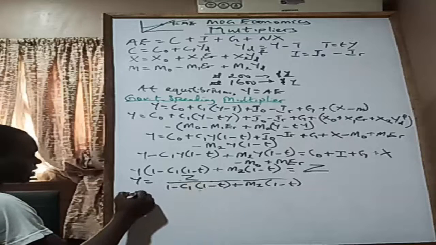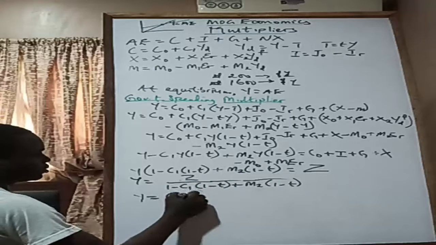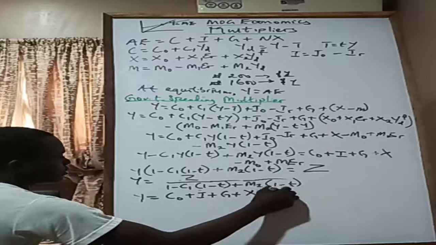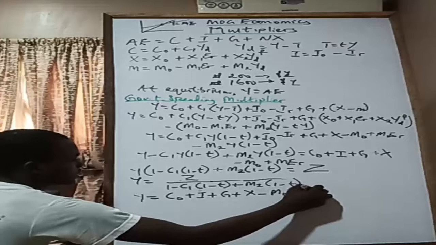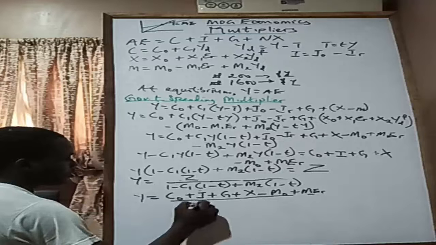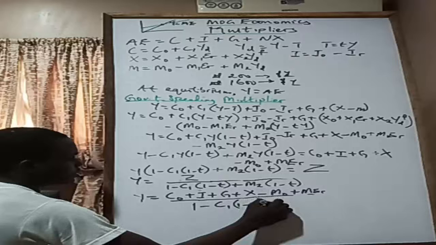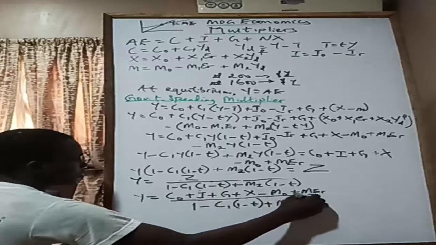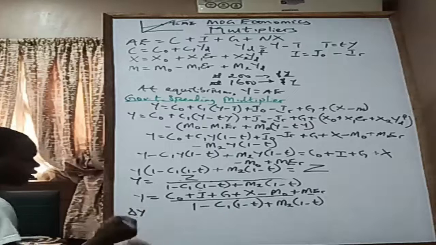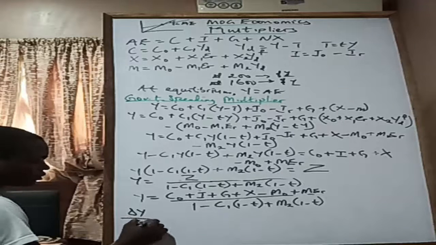Okay. So if y equals, changing it back, c naught plus I plus G plus X minus M naught, then plus MER, divided by 1 minus C1 into bracket 1 minus T plus M2 into bracket 1 minus T. So the government spending multiplier is simply the change that will occur in the equilibrium national income as a result of the change in government spending.